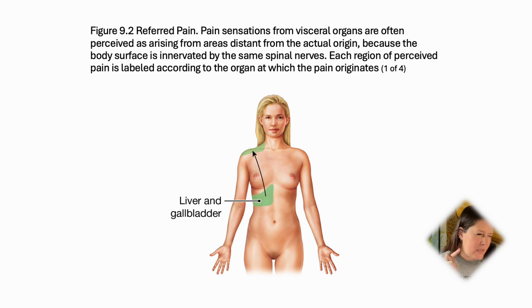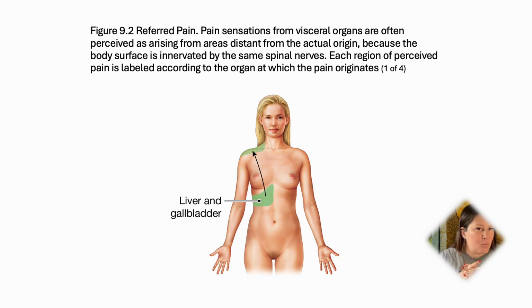So, can I pinpoint exactly where in my heart I'm experiencing this pain? Generally, no. And because the nerves are being converged into one spinal nerve, I may in fact interpret that heart pain as, say, pain in my left shoulder, because the nerves that innervate my left shoulder converge with that same spinal nerve that my heart is converging with.